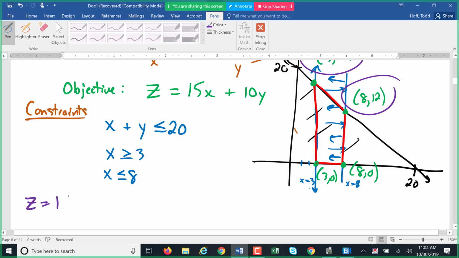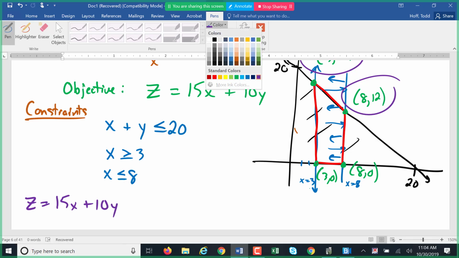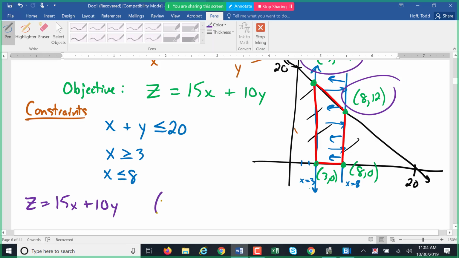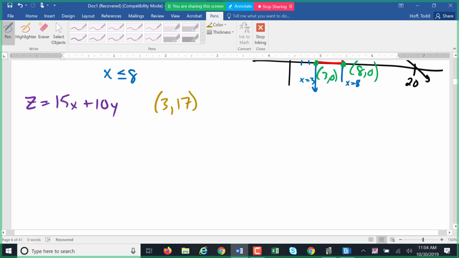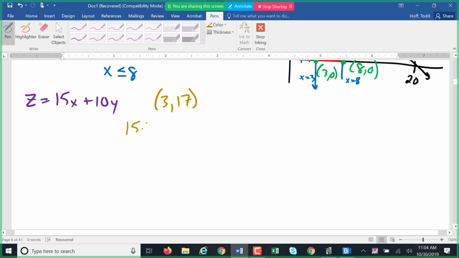So Z equals 15x plus 10y. Let's try 3, 17. X equals 3, y equals 17. So we have 15 times 3 plus 10 times 17. That's 45 plus 170.